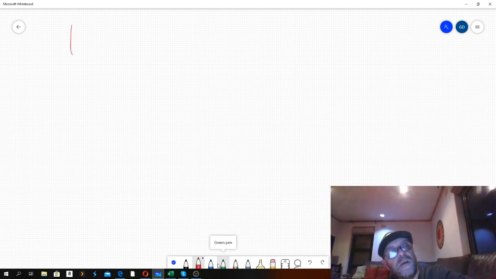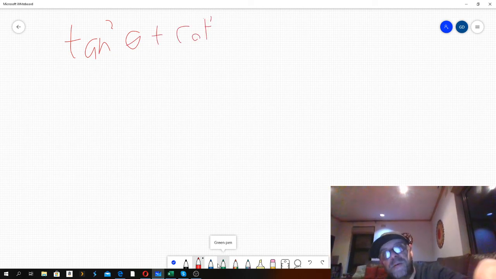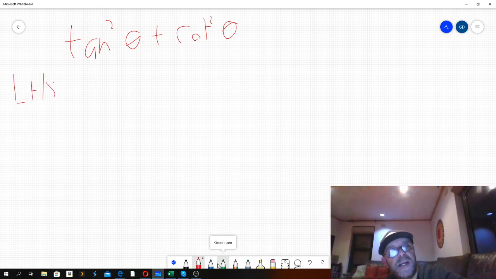So we've got tan squared theta plus cot squared theta. That's my left hand side, so keep working with it. I should label left hand side again, and that would equal, well, I think I'm going to go with some identities here and let's see what happens, because we know that tan squared is sec squared minus 1. Let's put that in.